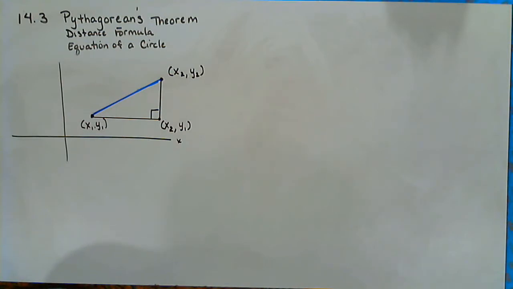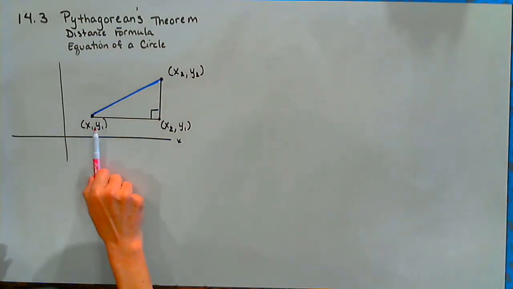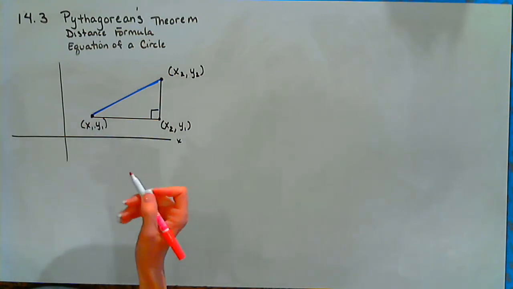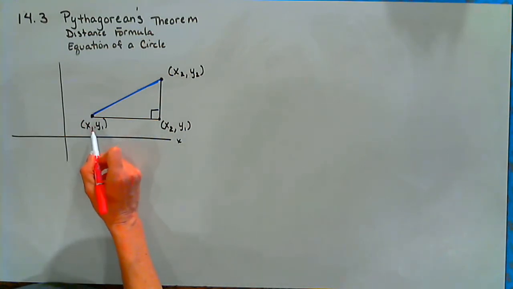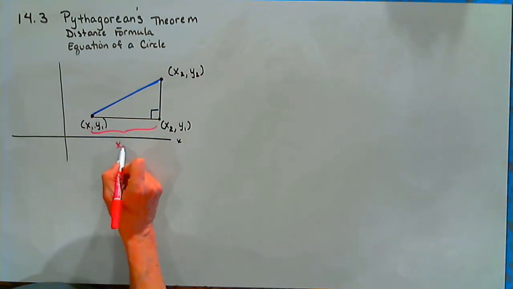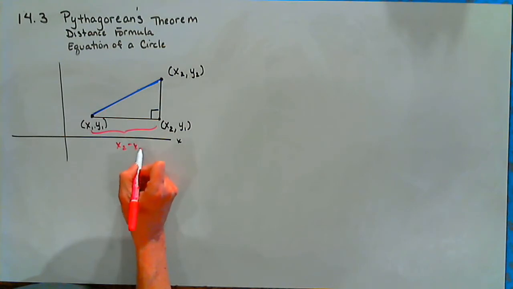If I give you a number line and I ask you how far apart is the number 2 from the number 10, you could say, well, if I start at 10 and subtract 2, that tells me how far apart they are. So in this case, the difference between the x values will tell me how far apart they are. So this entire distance is x2 minus x1.